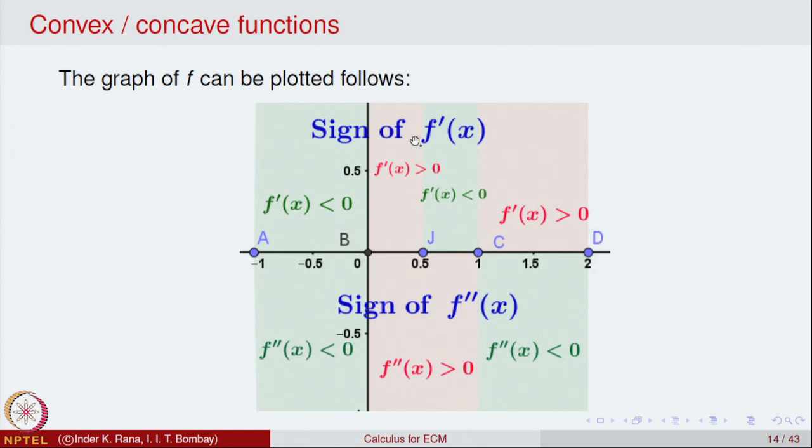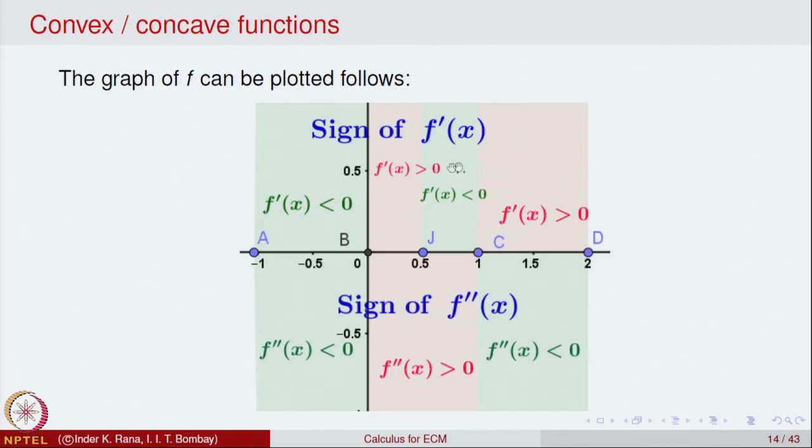So, we are looking at the sign of the derivative function. So, we get minus 1 to 0, the derivative is less than 0, and in the portion 0 to half, the derivative is strictly bigger than 0. In half to 1, the derivative is strictly less than 0, and in the portion 1 to 2, the derivative is strictly bigger than 0.